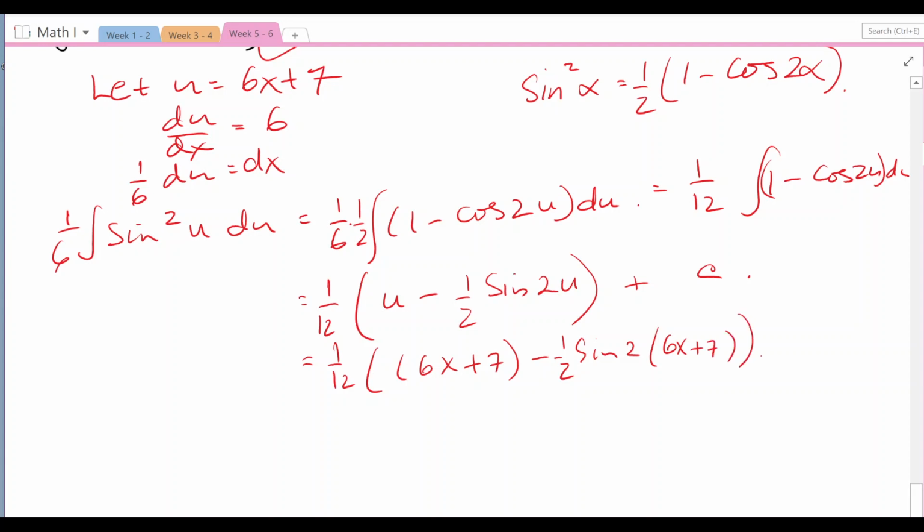So proceed. We can take the 2 out, so it becomes 1 over 24, and then double the equation here, put 2 there. 2 there will become 2 times 6x plus 7 minus sine 2 times 6x plus 7, which is sine 12x plus 14.